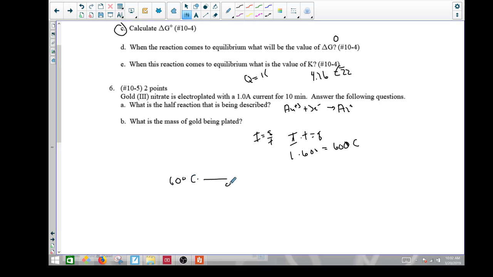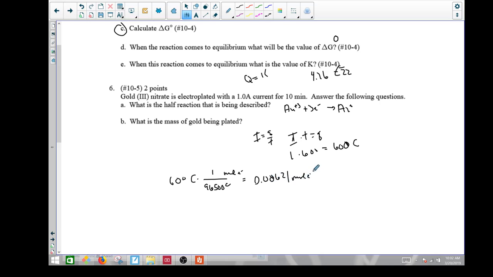Get rid of coulombs and go to moles of electrons. 1 mole of electrons is 96,500 coulombs. 600 divided by 96,500 equals 0.00621 moles of electrons.